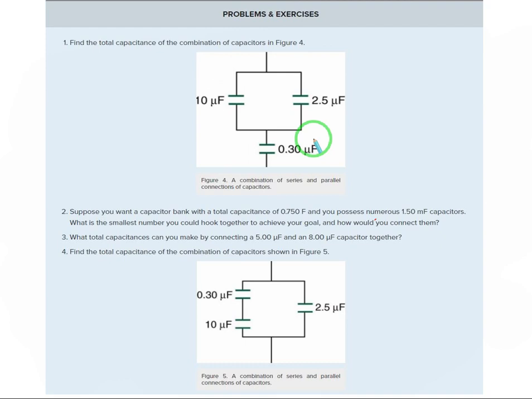Once you solve the series, then solve with the parallel. When you have a series combination, solve it; then there will be a parallel or maybe another series, but keep in mind to solve the series first, then solve with the parallel.